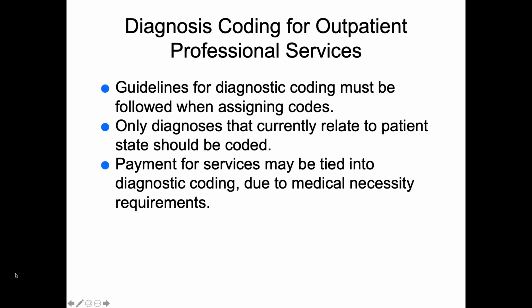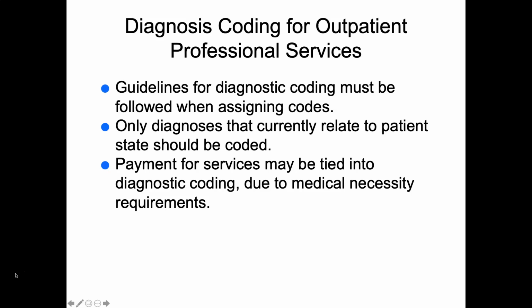There are guidelines for diagnostic coding that have to be followed when assigning codes. Only diagnoses that currently relate to the patient's state should be coded, unless there is a history that the physician believes is part of what is going on. For instance, a patient comes in with arm pain in their upper arm, and it feels like it's in the bone, not the muscle.